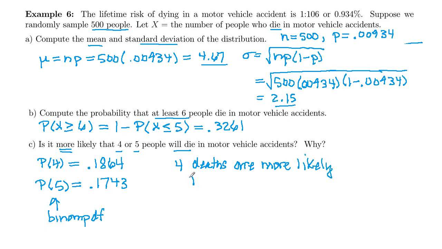And again, that's because the probability of 4 is 0.1864, which is strictly greater than 0.1743, which is the probability of 5.